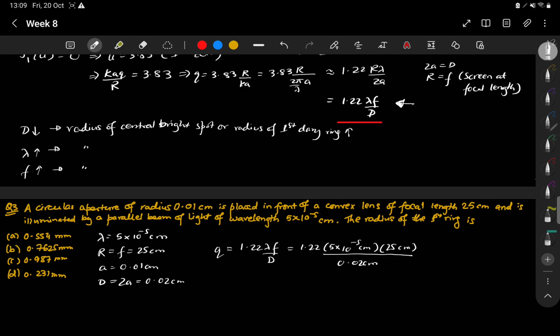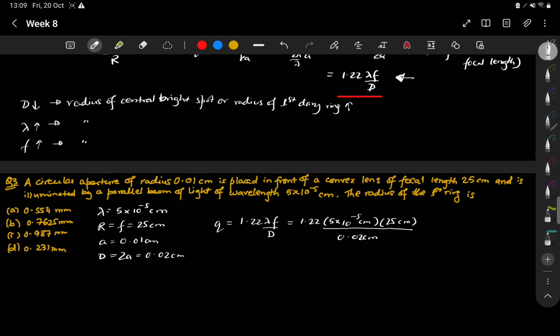So let me pull out my calculator and plug in these values. Okay, wait, where is my calculator?